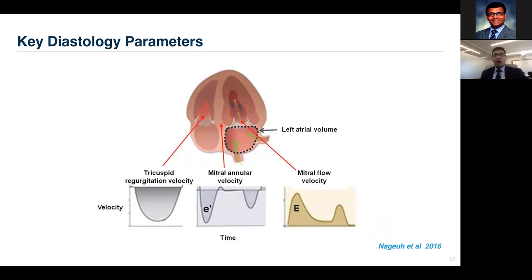These features are mitral annular velocity E prime, taken from the septal and the lateral corner, left atrial volume, tricuspid regurgitation velocity, and the ratio of transmitral flow velocity E over E prime, mean E prime. You look at these four features and try to run through the schematics to see how many of these are abnormal.